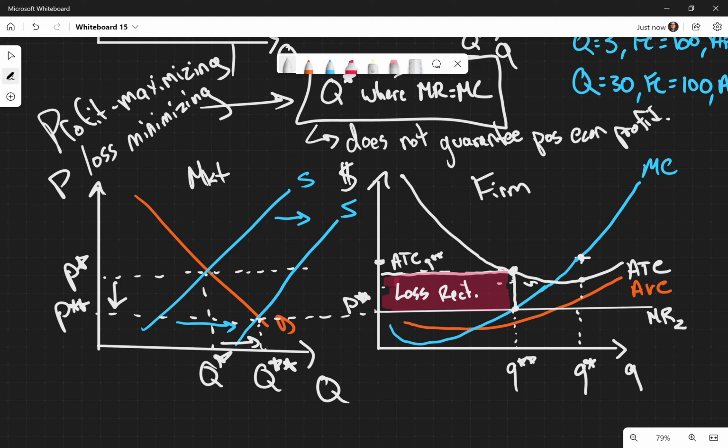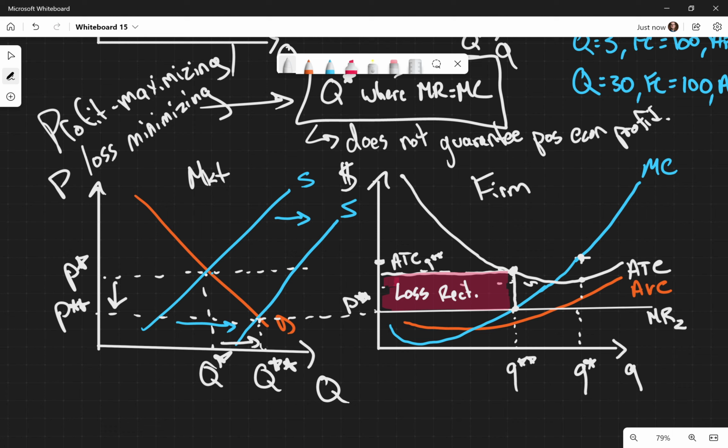So again, this profit maximization rule does not guarantee we're actually making a profit. We're using that rule and we're making a loss. But what is happening here? This is why I went on the tangent earlier about how profit maximizing, the flip side of that, is loss minimizing.